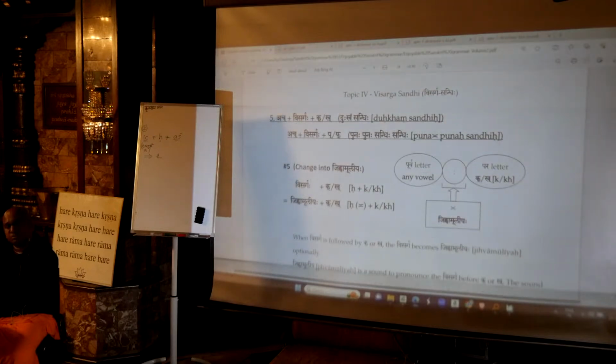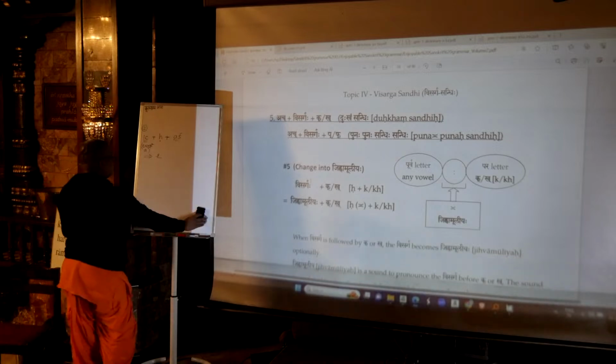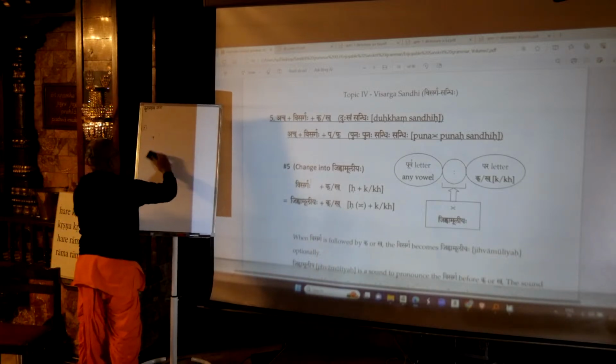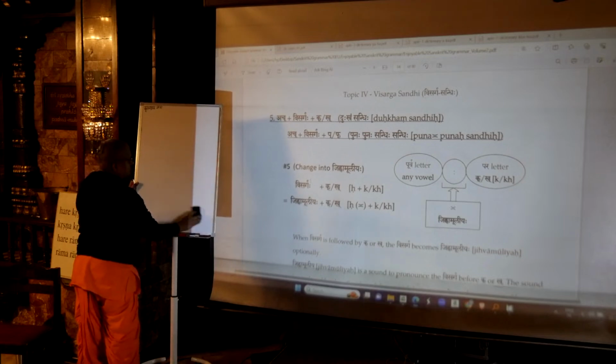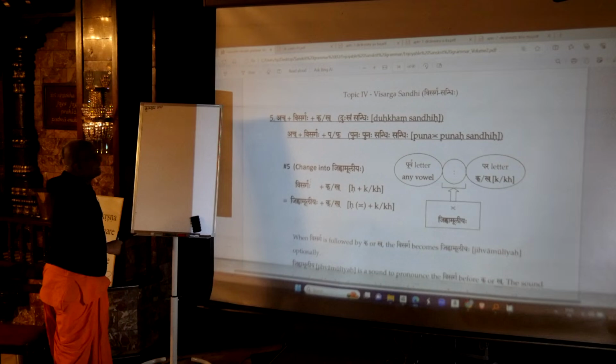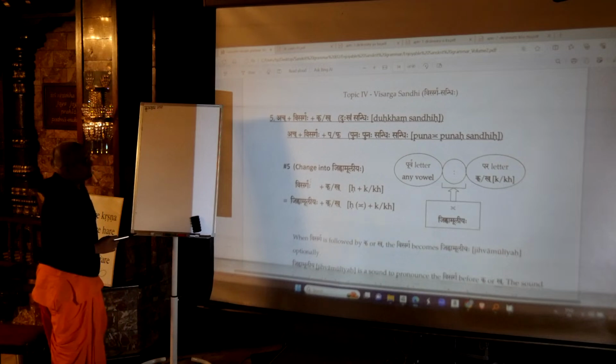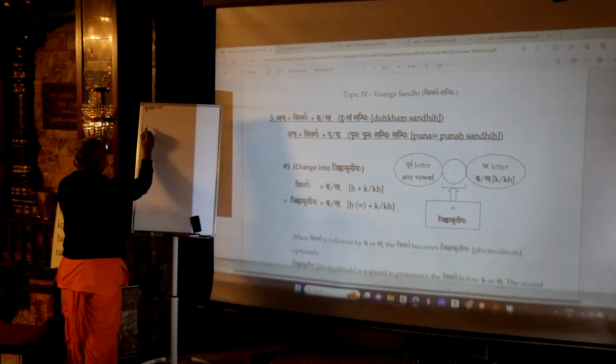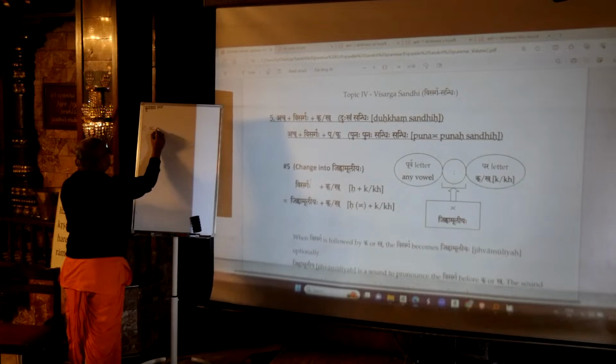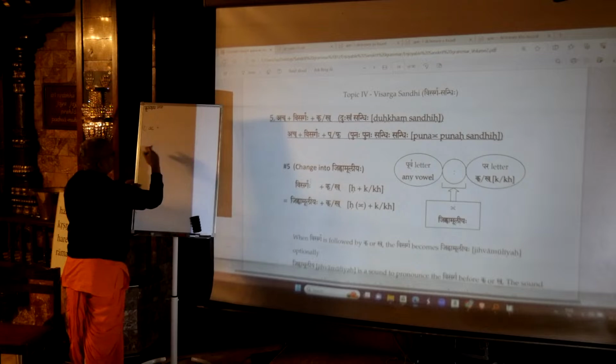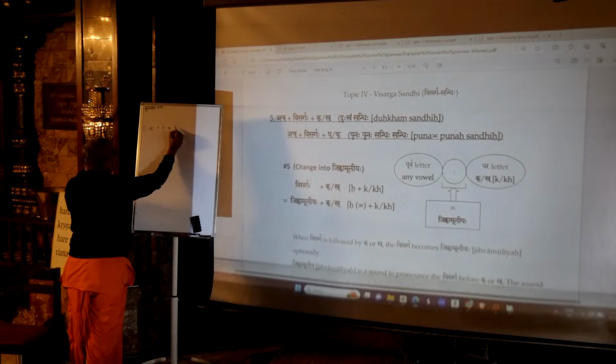So now we come to the hard consonants, the last part. Okay, we cover now the hard consonants. You can see ach plus visarga. In the hard consonants, the first case is ach. Ach means all the vowels, right? Any vowel, plus visarga, plus kakara or khakara.